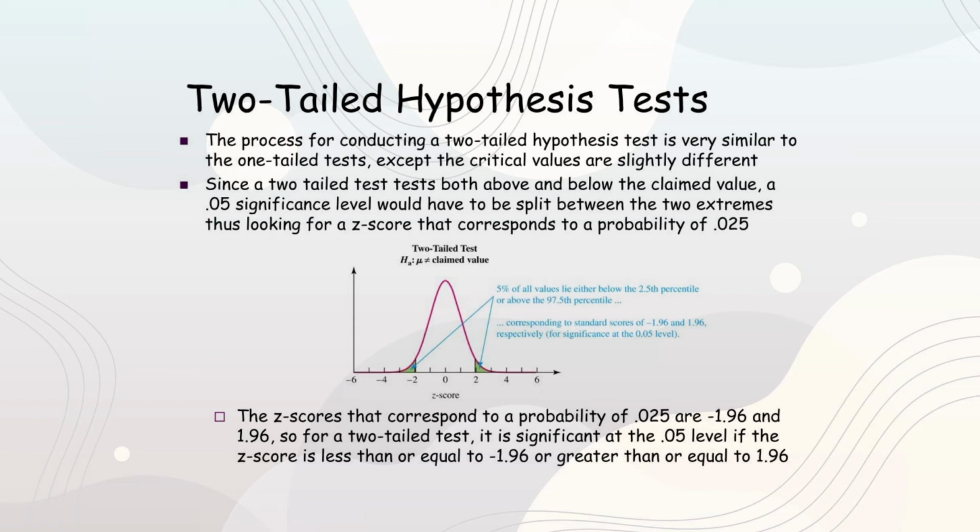If you see, the green color is nothing but the left tail and right tail, and 5% of values lie either below the 2.5th percentile or above the 97.5th percentile, corresponding to standard scores of -1.96 and 1.96 respectively for significance at the 0.05 level. The Z scores that correspond to a probability of 0.025 are -1.96 and 1.96. So for a two-tailed test, it is significant at the 0.05 level if the Z score is less than or equal to -1.96 or greater than or equal to 1.96.